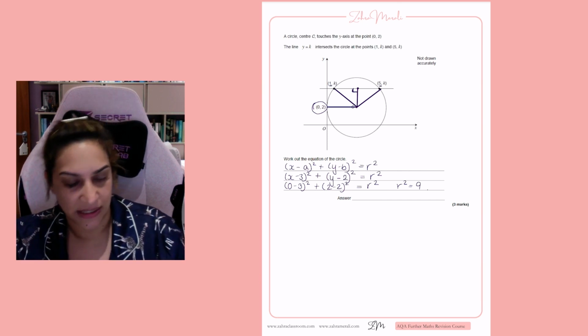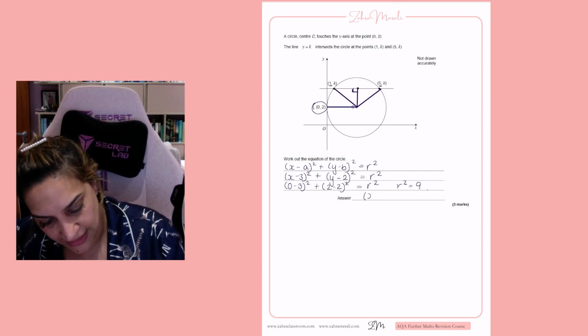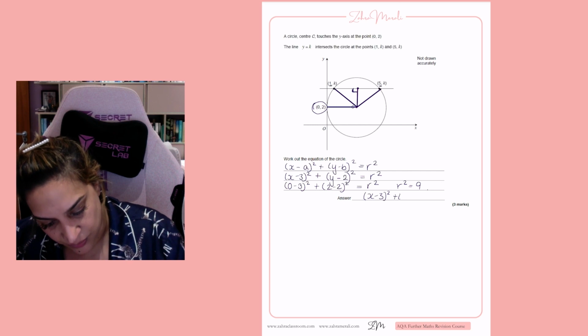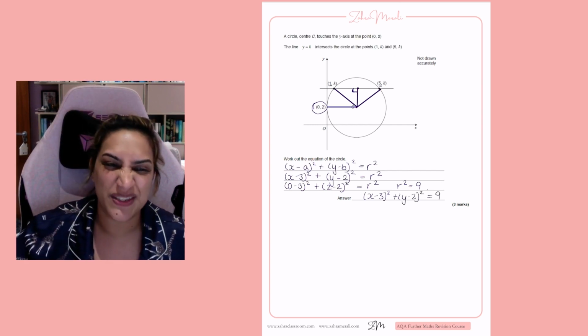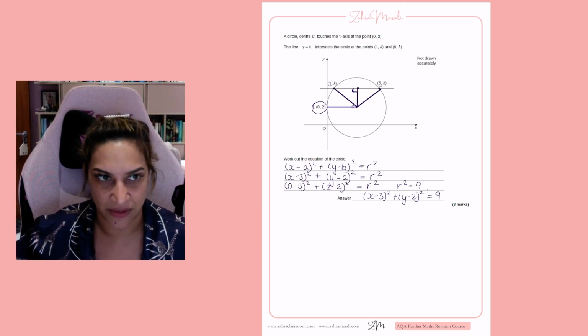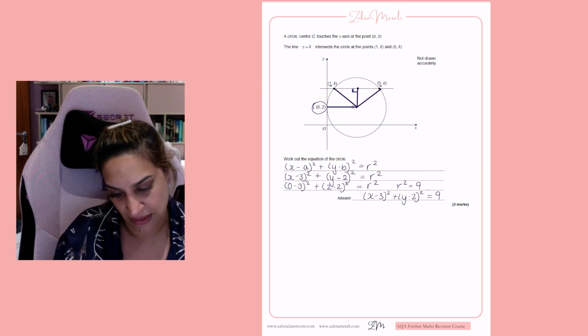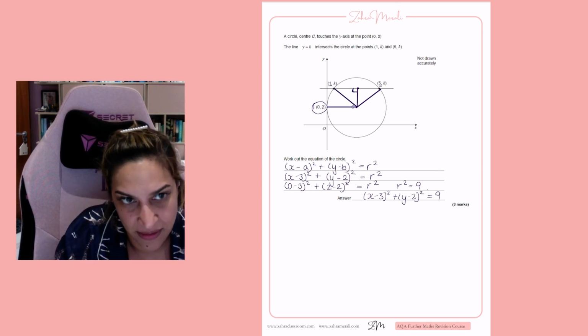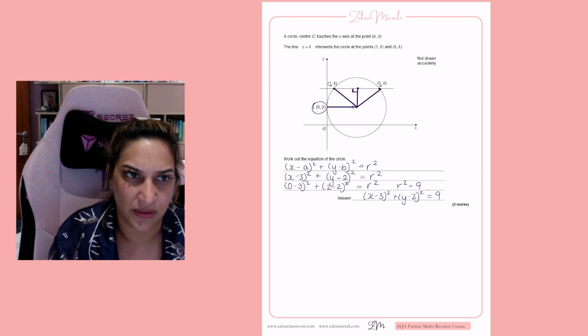My final equation is (x minus 3) squared plus (y minus 2) squared equals 9, which I could have seen because I know that the x goes all the way out. Right, let's have a look at the next question.